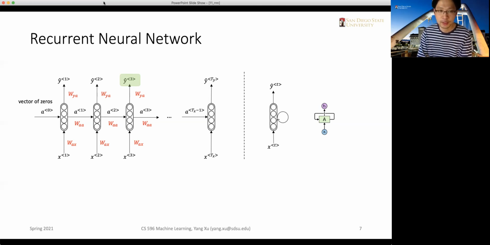So that means the loss that we compute for one time step will actually affect the parameters several time steps ago, because they are the same parameters.